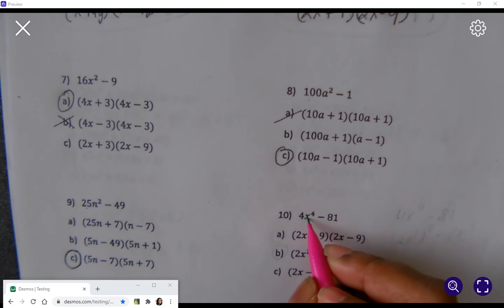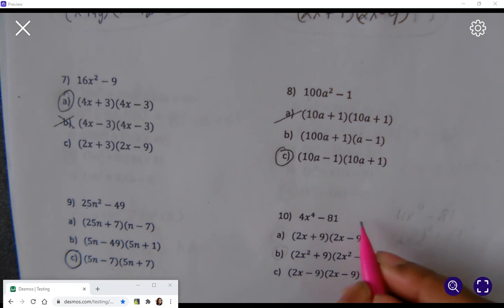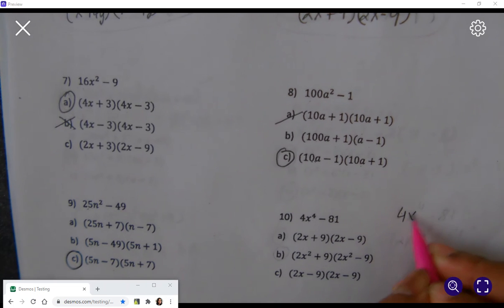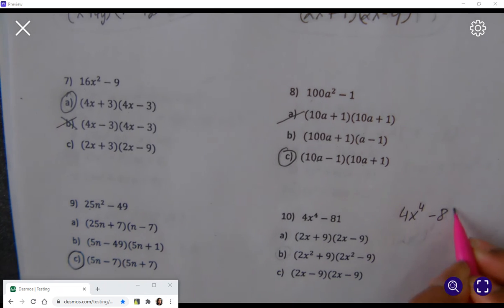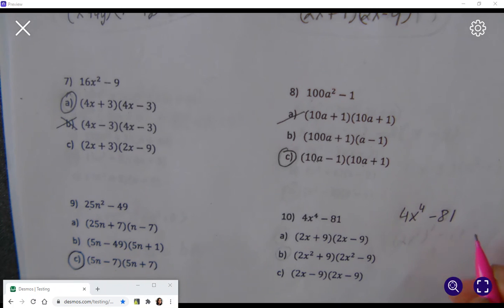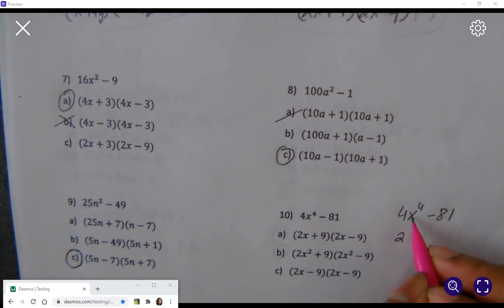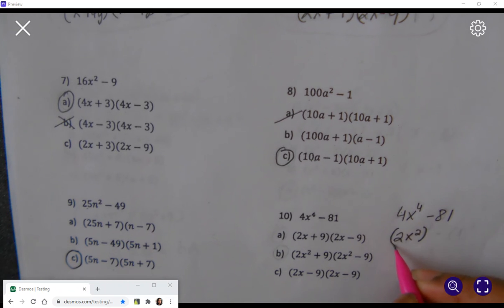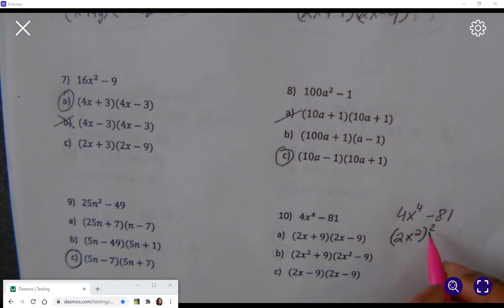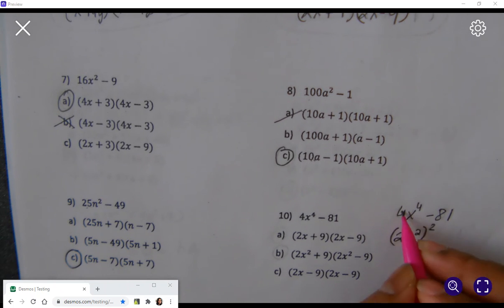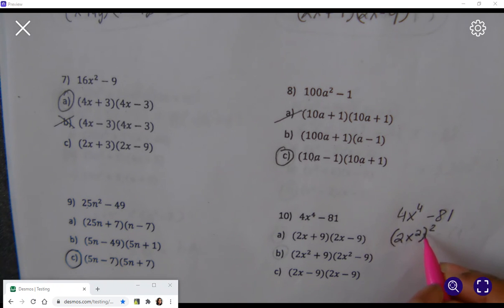But notice this thing over here. This is a little weird, so let me go ahead and do this one out. You have 4x to the 4th minus 81. Right here, square root of 4 is 2. And then x to the 4th, you can rewrite that as x squared, and then this is your quantity squared. Because look what happens: 2 squared is 4, x squared to the second power gives x to the 4th.